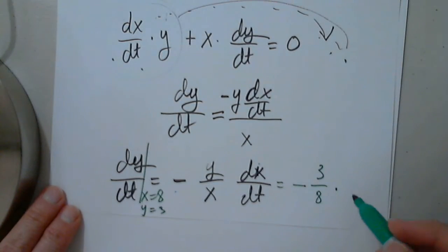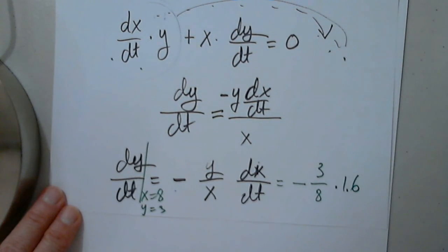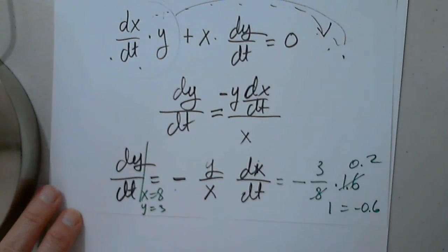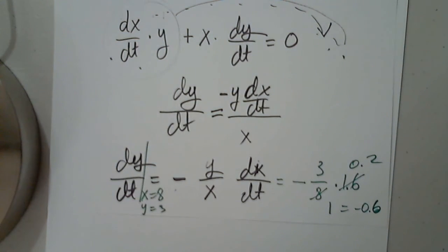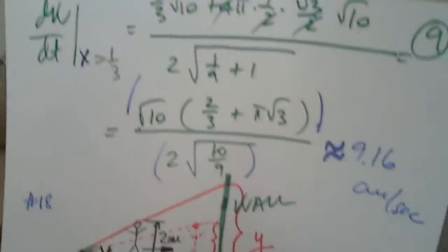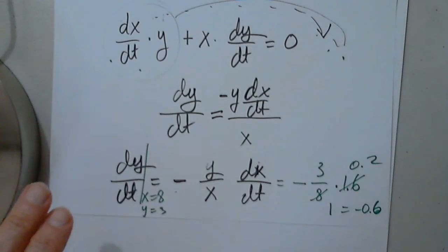1.6 meters per second. So if I divide by 8, I get 0.2. So this is negative 0.6. Measurement unit? Meters per second. Yes, I think it was meters per second. Correct.